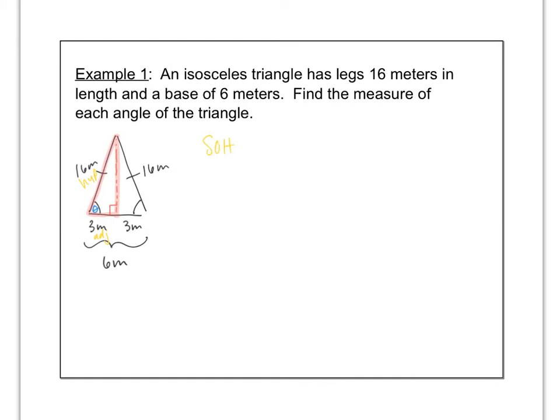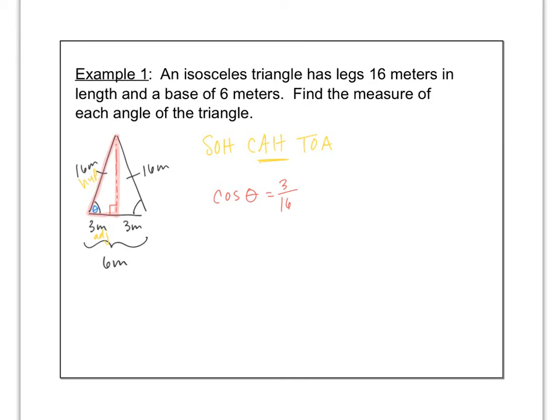Think about SOHCAHTOA and pick one of your ratios. Pick the one with adjacent and hypotenuse. So that's cosine. So we're going to go cosine of theta equals adjacent over hypotenuse. So 3 over 16. Hey, we know how to solve this.